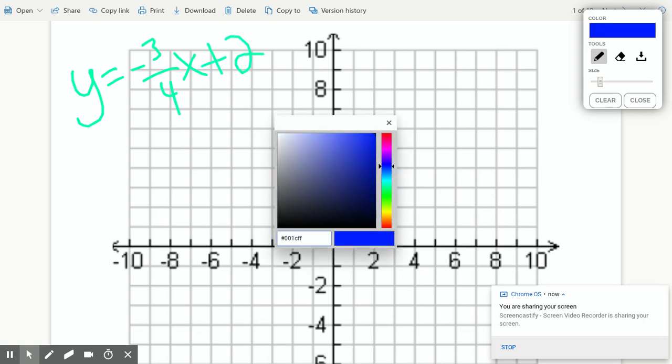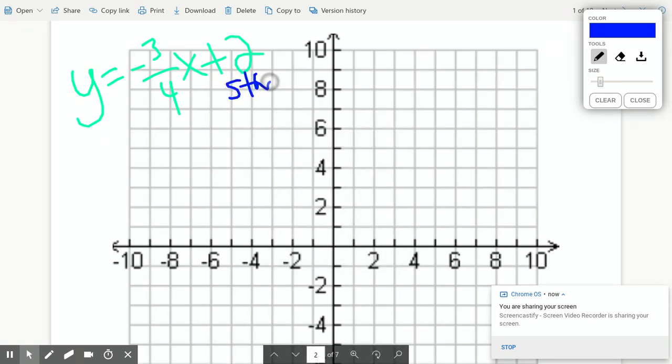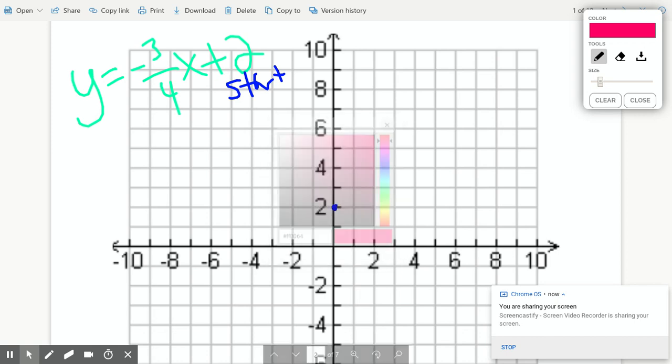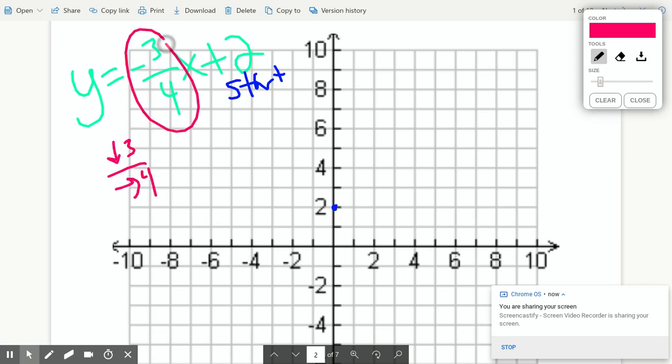So I start at 2. That's where you start. And my rise over run is going to be down 3 to the right 4, because that is my slope here.